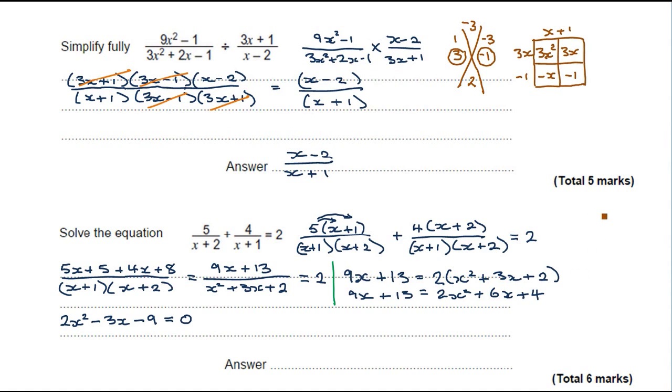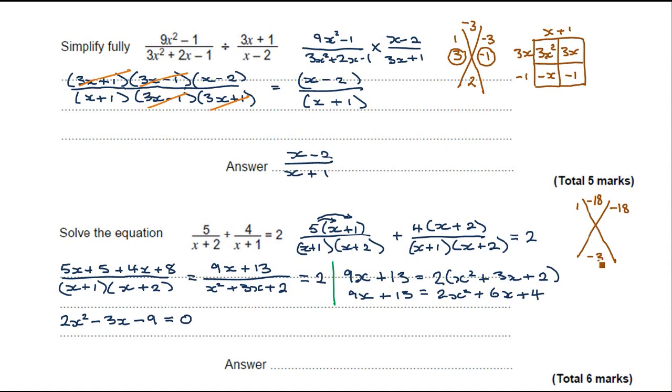So again, if I move over to work on the side here, there's not a lot of space, so let's just use this space here. I'm going to give myself a bit of scaffolding, using product and sum. So I've got 2 times minus 9, which gives me minus 18. And in the centre I've got minus 3x, so the sum is minus 3, so they have to add to minus 3.